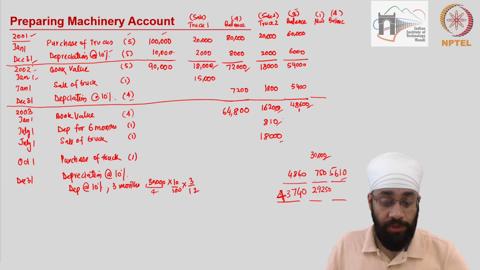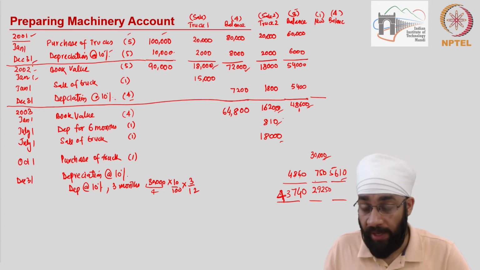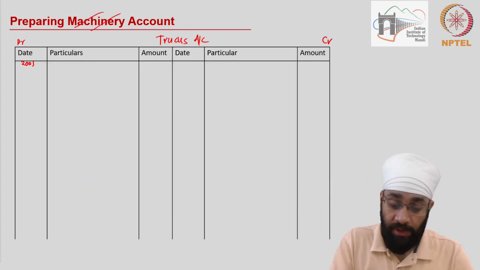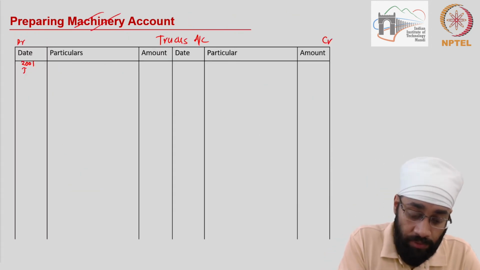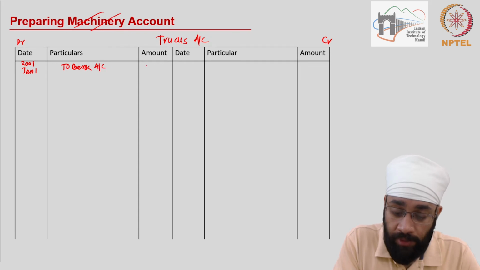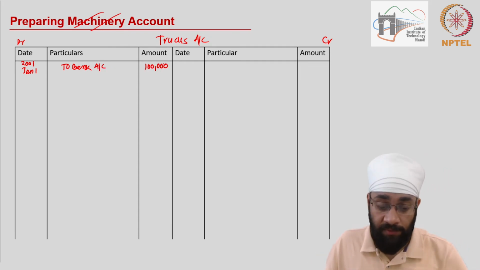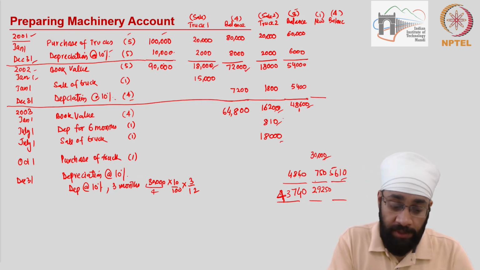In 2001, you purchase 5 trucks. The transaction is going to be trucks account debit to cash or to bank. Let's assume bank. So trucks account debit to bank account on January 1st, 100,000. This is the value of the trucks which have been bought.